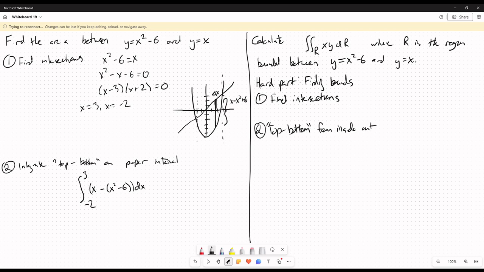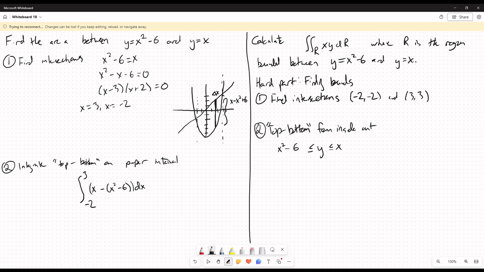So we already found our intersection points. It's going to be -2, -2, and 3, 3. This is the interval we're going to be integrating over. And what are we really looking at here? Well, what we're integrating between is we're going to have our y-coordinate is less than or equal to x, and greater than or equal to x squared minus 6.